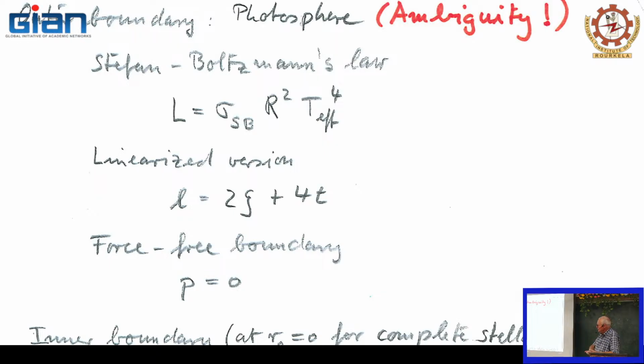Here, these boundary conditions sound very reasonable, but they are not unique. They are not unambiguous, because by other arguments you can adopt other boundary conditions. So keep in mind that the boundary conditions for our perturbation equations at the outer boundary are not unambiguous. They may vary from author to author. Other authors use different boundary conditions.